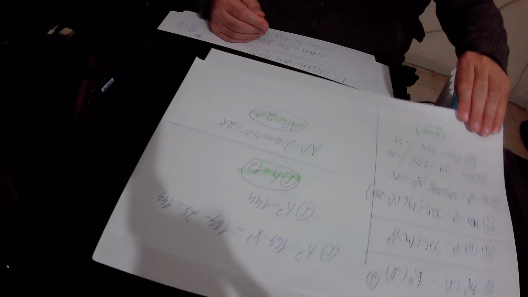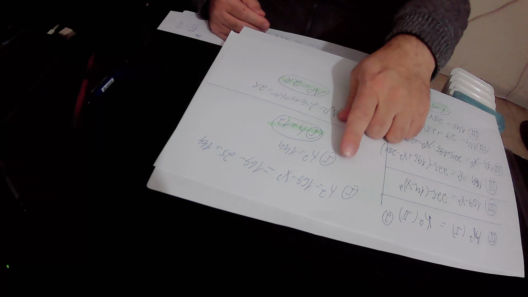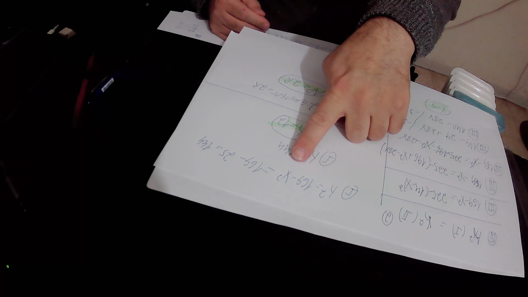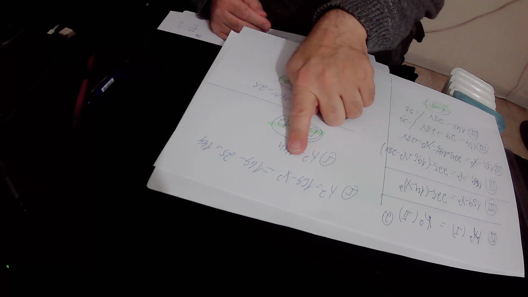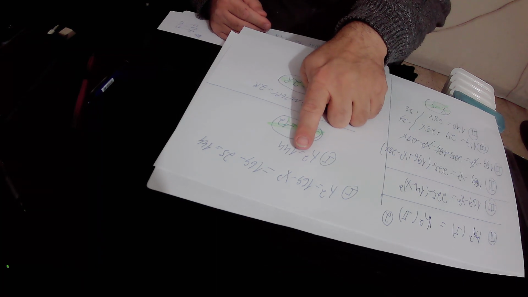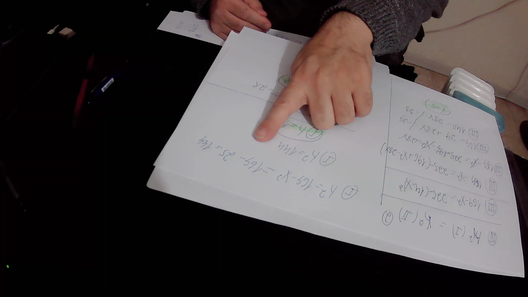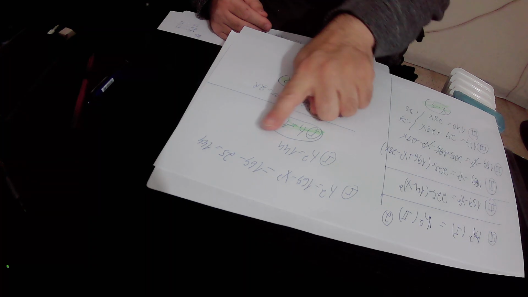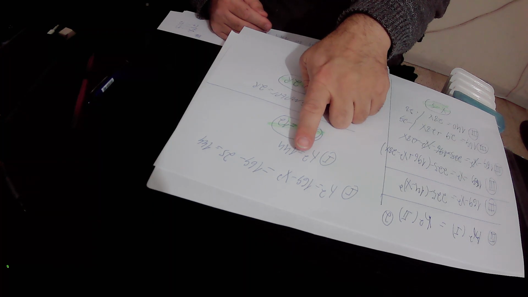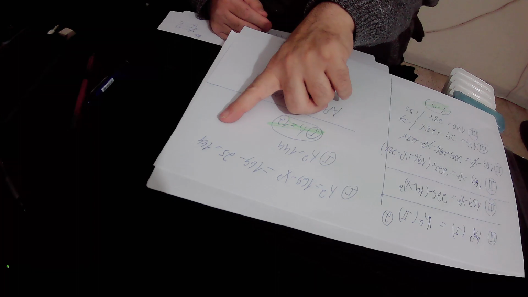Then, according to equation number 1, h squared equals 169 minus x squared. Now we can substitute x by 5. We did it, and we got that h squared equals 169 minus x squared. x is 5, therefore x squared is 5 squared, that is 25. So this expression equals 169 minus 25, that is 144.